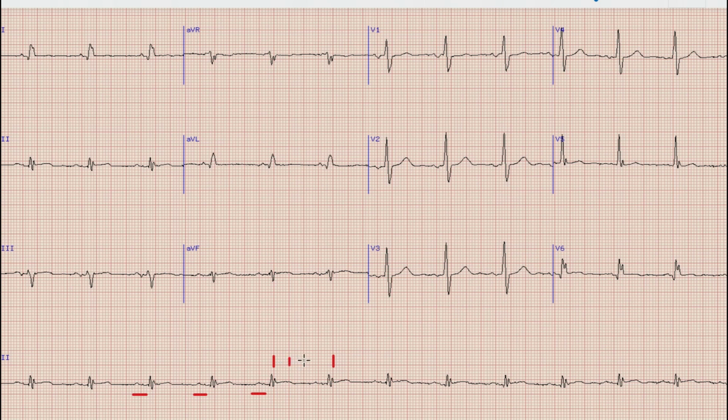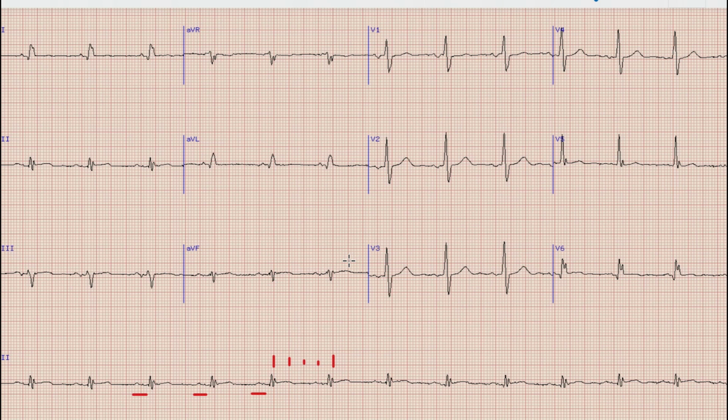As you can see, there are 1, 2, 3 and 4 large boxes between these two QRS complexes. So to get the heart rate we will divide 300 by 4. So 300 divided by 4 will be equal to 75 beats per minute. So this is a sinus rhythm at 75 beats per minute.